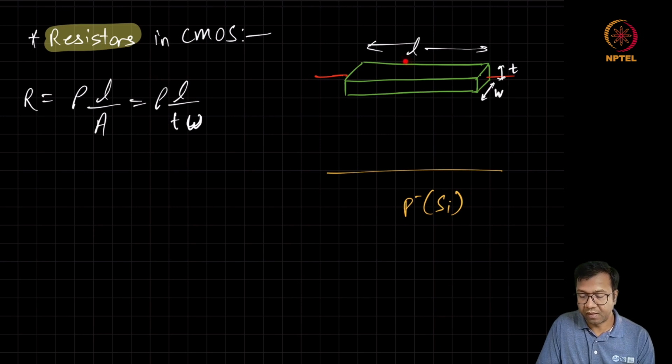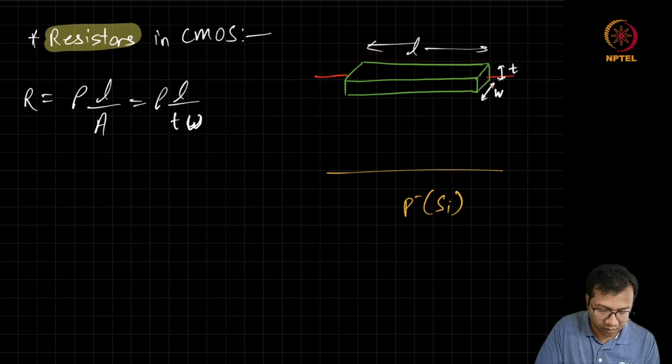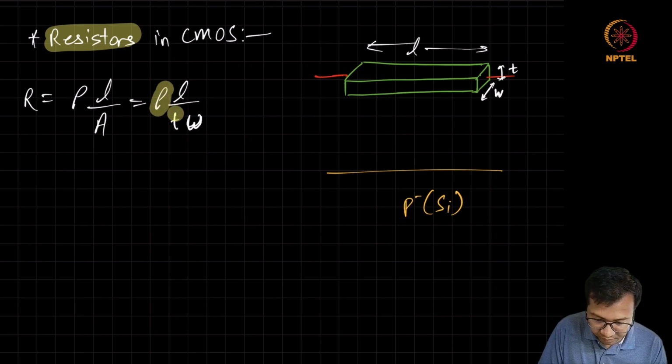In the designer's hand, you have the length of the metal which you want to use and the width of the metal. The other quantities are fixed by the foundry.